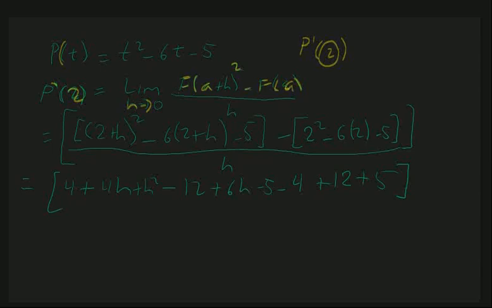As you can see, t is now going to be 2 because we have to find f prime of 2, so a becomes t, and t becomes 2. While h approaches 0, the limit is this equation. So now we have to work our equation.